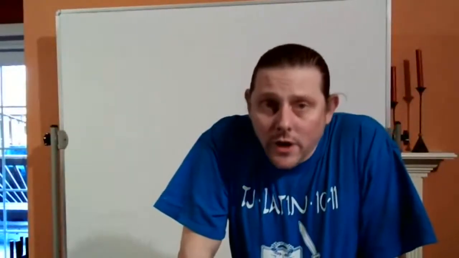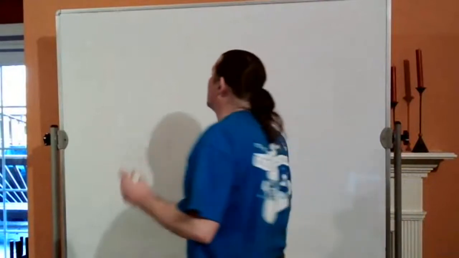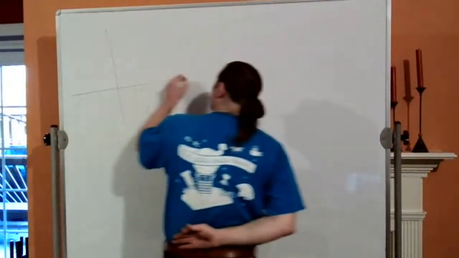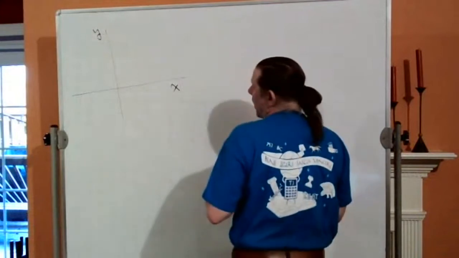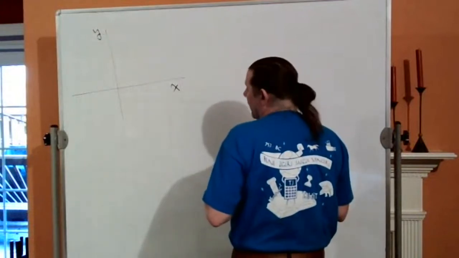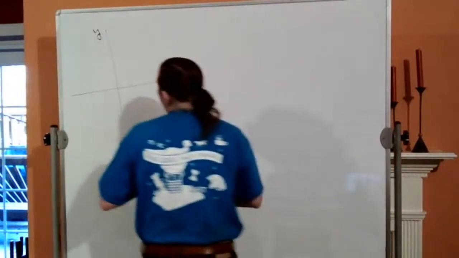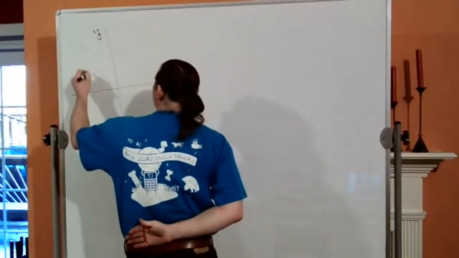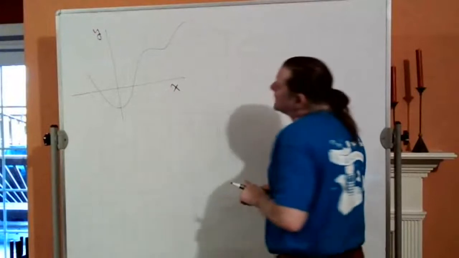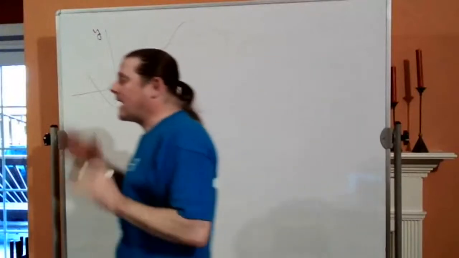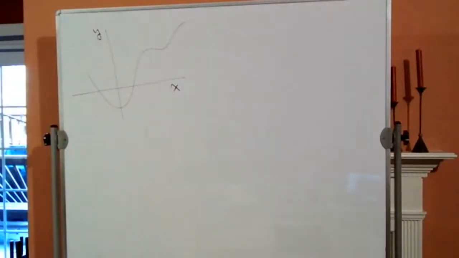When we graph a function of a real variable, we have two axes, x and y. All right? And so I can sort of graph like this. All right, and this gives me an input and an output.